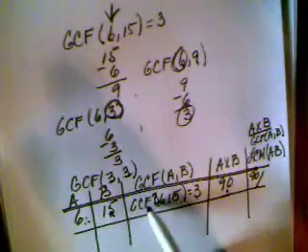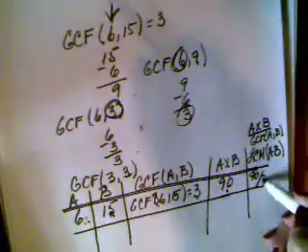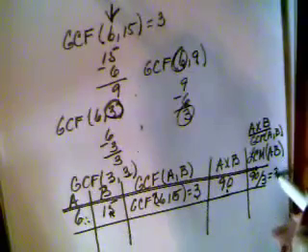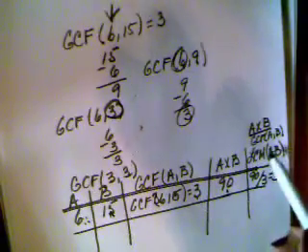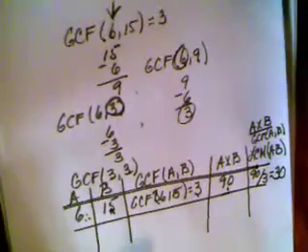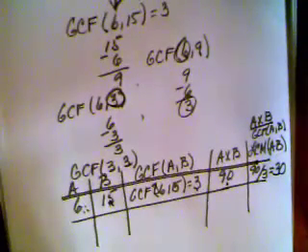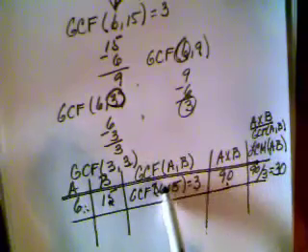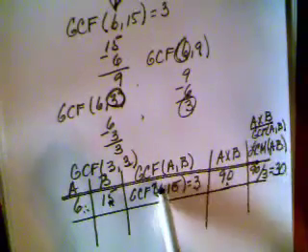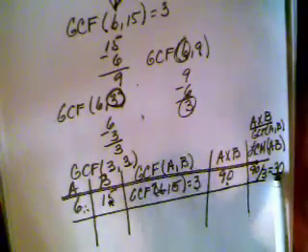I'm going to divide it by the greatest common factor, and that's going to give me the least common multiple. So that's a wonderful way of showing the relationship between the greatest common factor and the least common multiple.